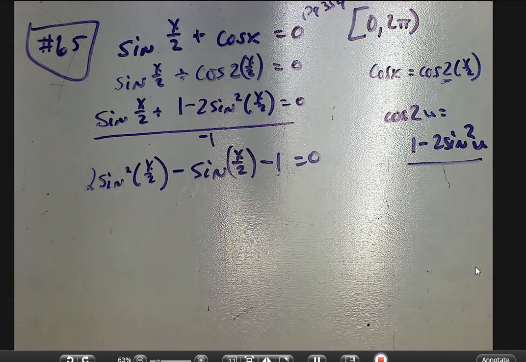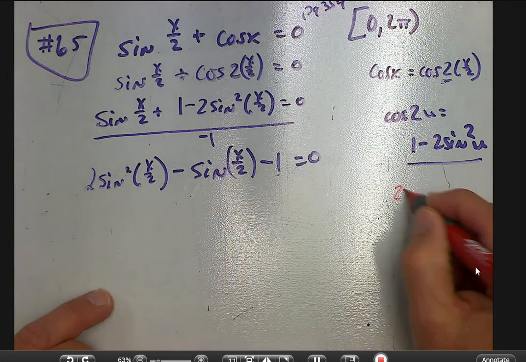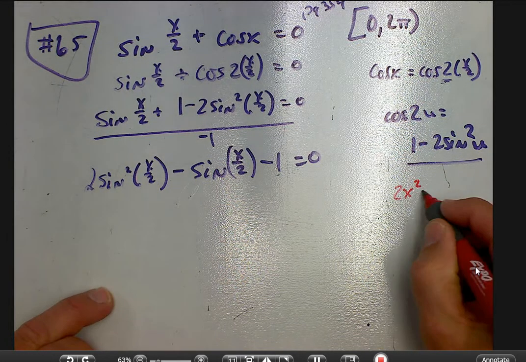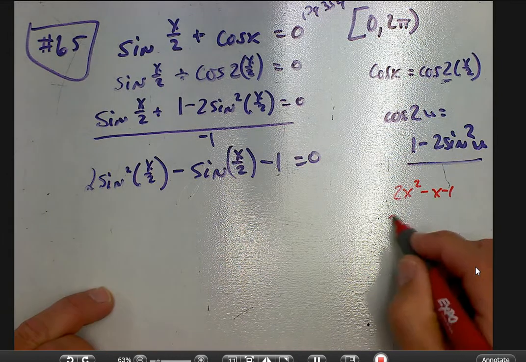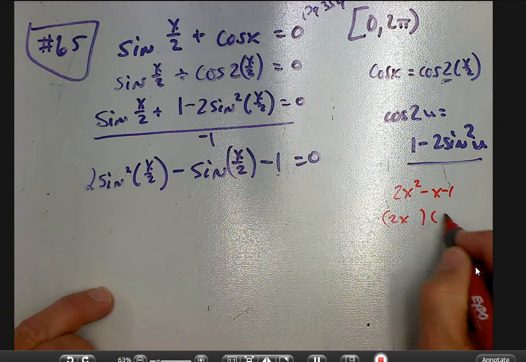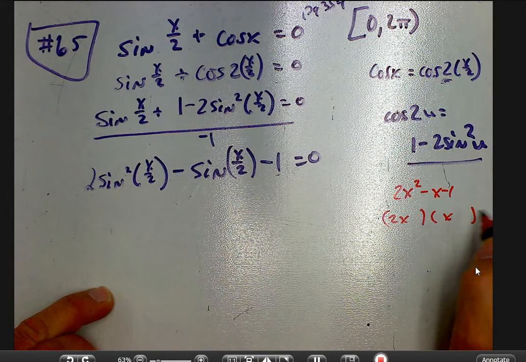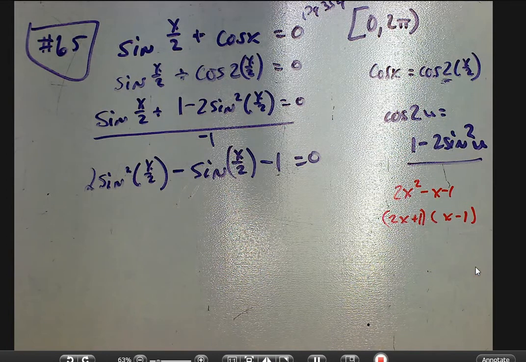Now I'm going to have to factor this. And this factors like 2x squared minus x minus 1, so it'd be 2x, x, and 1 goes here, and it's going to have to be a negative 1 and a positive 1 in that situation. So that's how it factors.